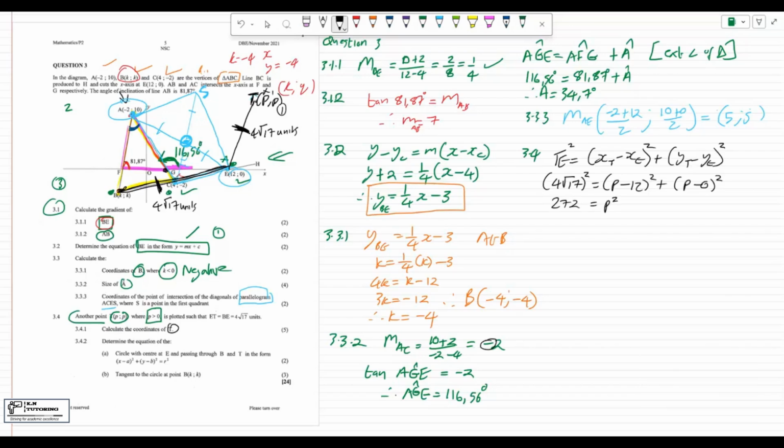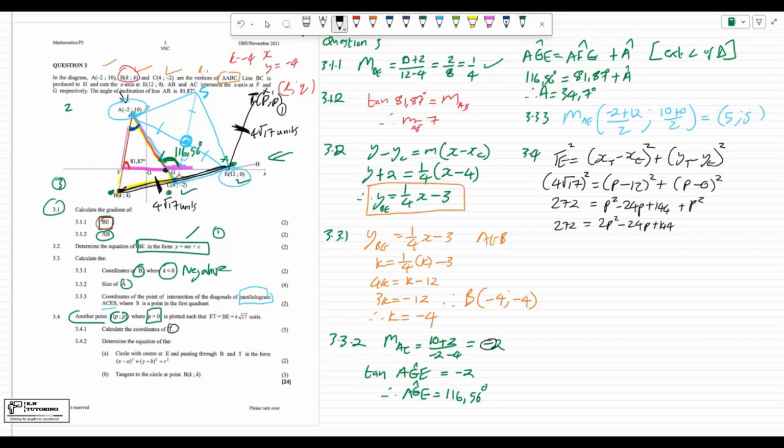This gives me p squared minus 24p plus 144, plus p squared. Simplifying this, 272 equals 2p squared minus 24p plus 144.